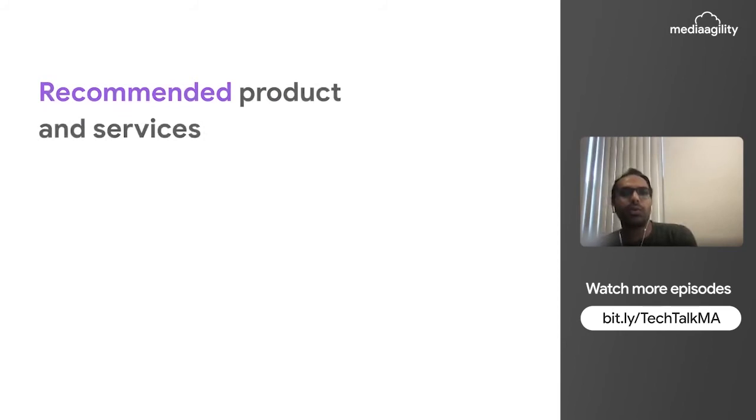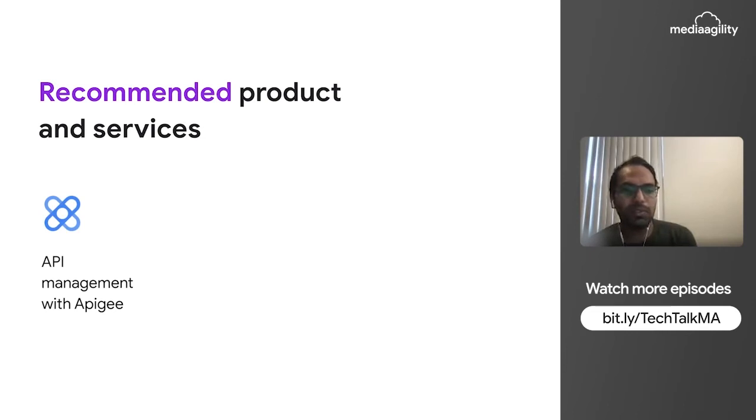So to modernize a legacy application using API, there are some recommended products and services on Google Cloud. We can use Apigee. Apigee is, you can say, the market leader for API management. Inside Apigee, you can do a lot of stuff.